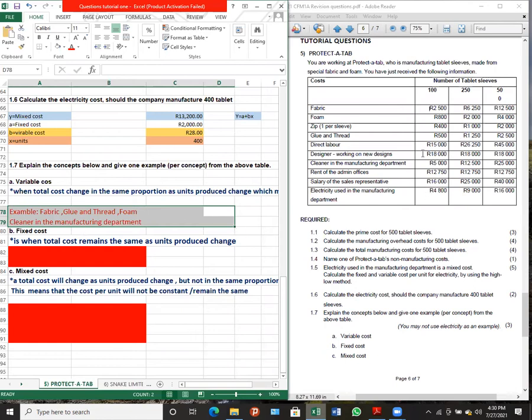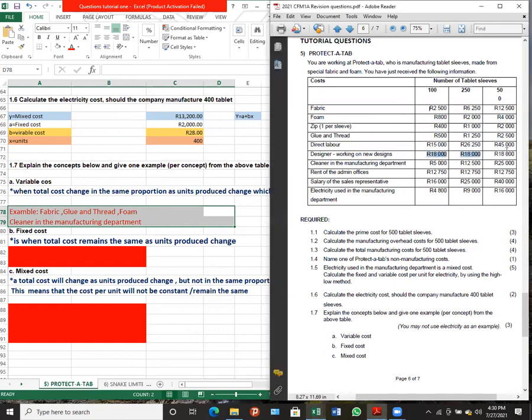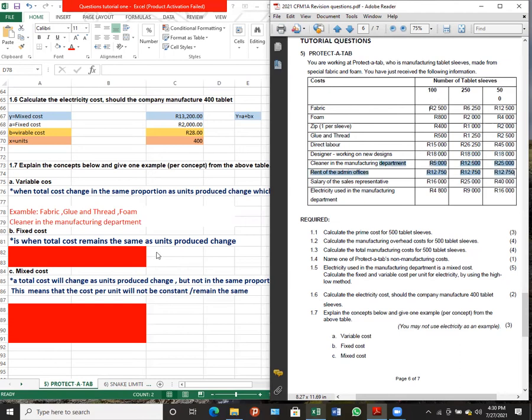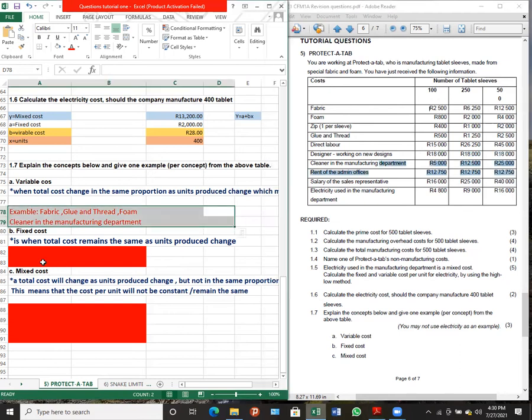For example, a designer working on a new design. You see, the total cost remains the same while the units produced change, which is our fixed cost. Are we still together, guys? And then, rent for admin office is our fixed cost, which means we have two fixed costs.